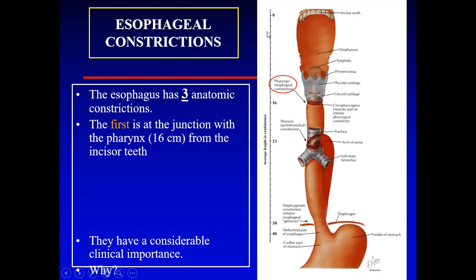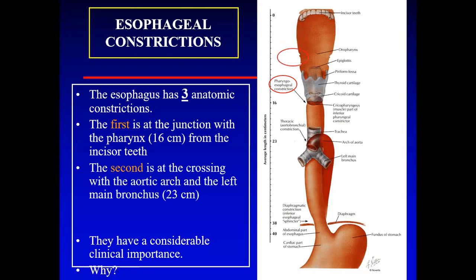Why is it important? Because whenever you are passing a Ryle's tube, any tube from the oral cavity, there will always be measurements. So if you approach any constriction at the level after 16 centimeters, it is because of the pharyngoesophageal junction. Then the second is at the crossing with the aortic arch.